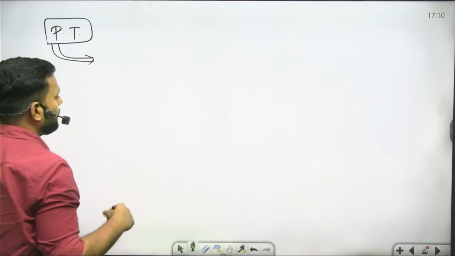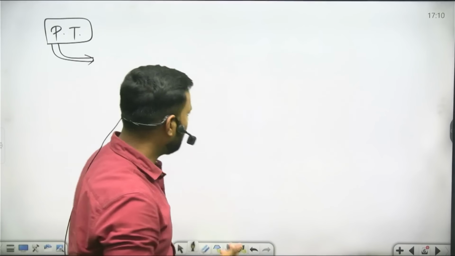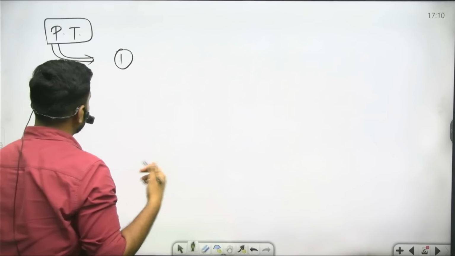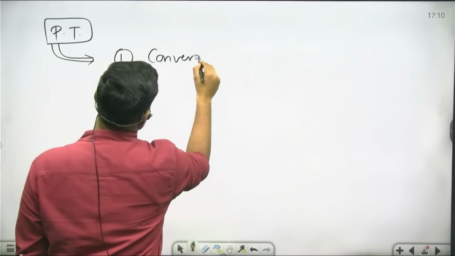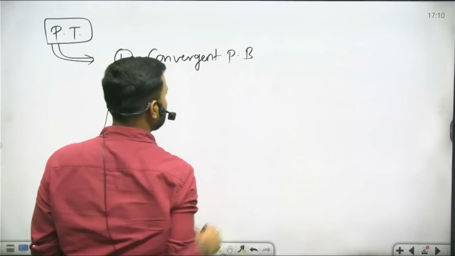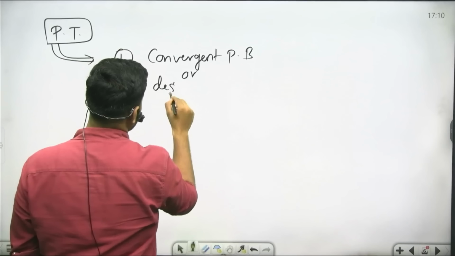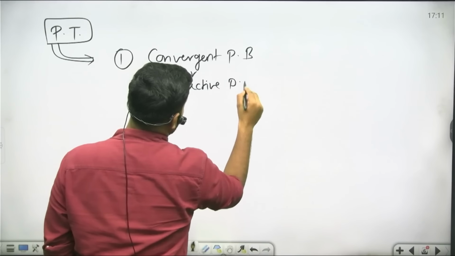There are three types of interaction, mainly three types of interaction in the plate boundary which are causing the earthquake. One is the convergent plate boundary, or you can say destructive plate boundary.